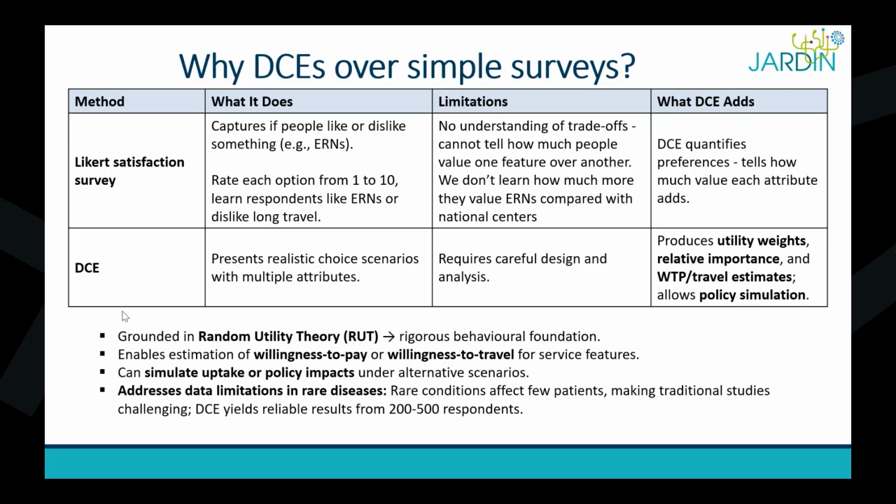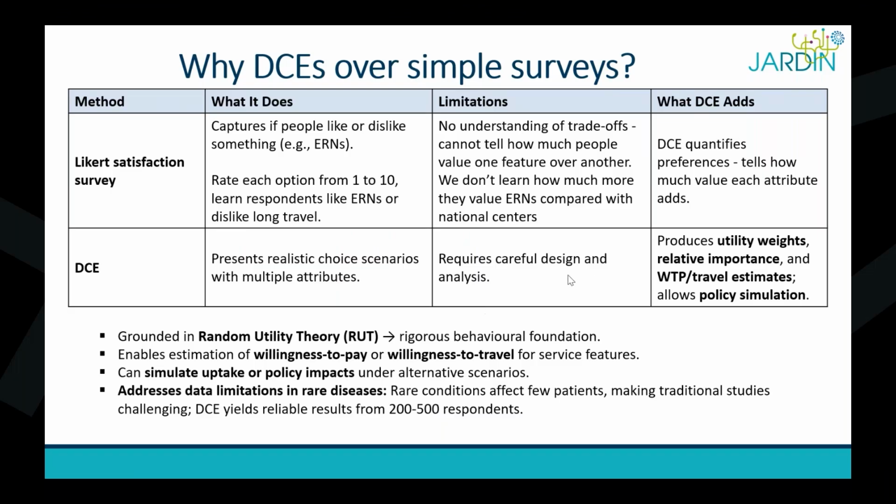It allows us to estimate willingness to pay, willingness to travel. So we can get these kinds of measures, which ultimately can help us to inform policy. And we can simulate, for instance, uptake or policy impacts. So if we change the package or if we change the organizational model, what would be the predicted uptake? We can get this kind of information.